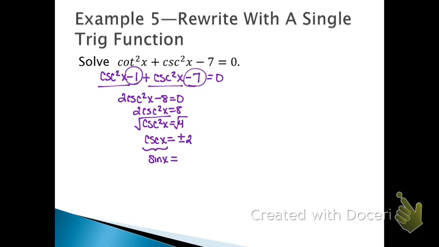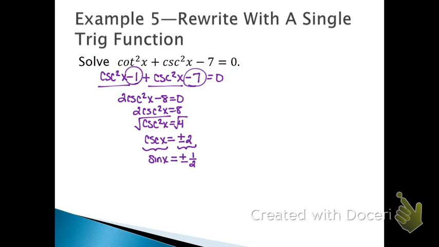So if I take the reciprocal of one side, take the reciprocal of the other. What's the reciprocal of 2? 1/2. So I'm looking for where sine is a positive or a negative 1/2. Because we don't know cosecant using our ordered pairs, do we? Dealing with cosecant, it's always sine and cosine.